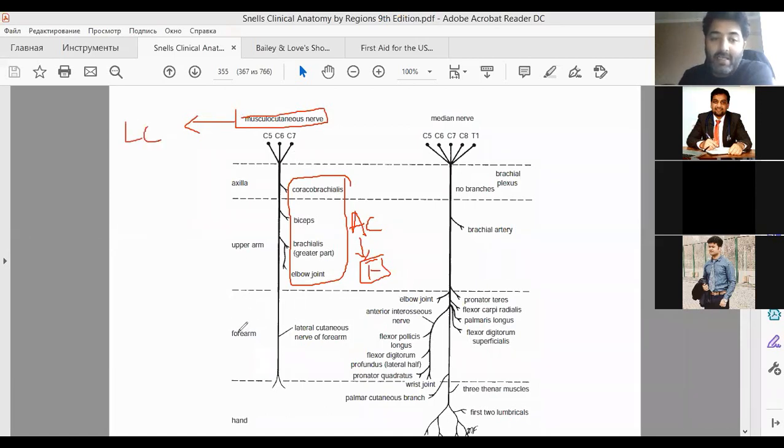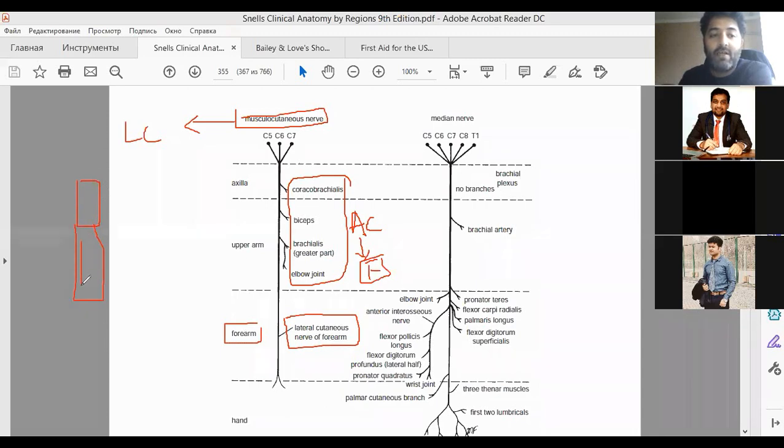Then it gives the lateral cutaneous nerve of the forearm. So this is the arm region, and this is the forearm region.